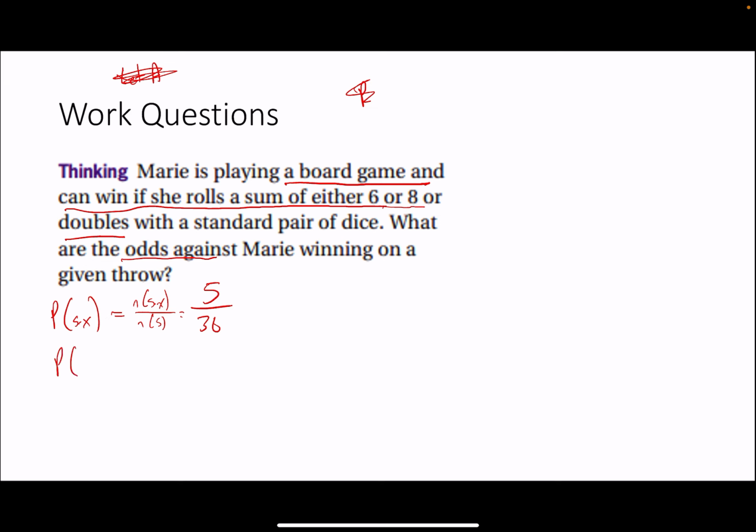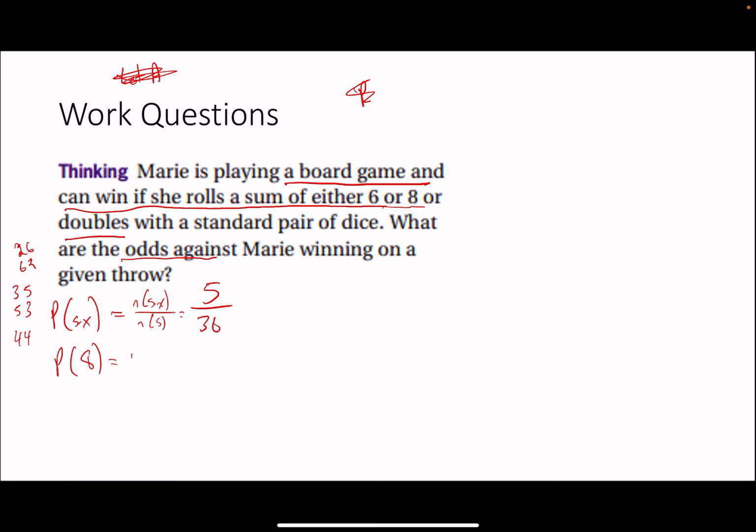And the probability of rolling an 8 is equal to, well, 2 and 6, 6 and 2. What else can it be? It can be 3 and 5, 5 and 3. And of course, it can be 4 and 4, right? So that's for 8.